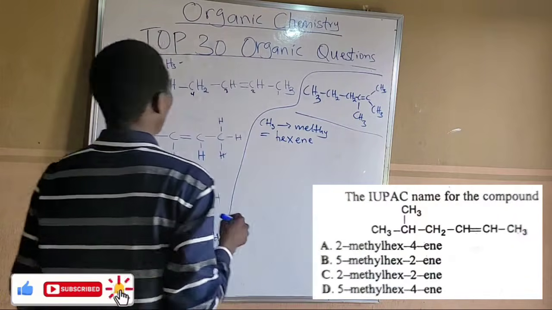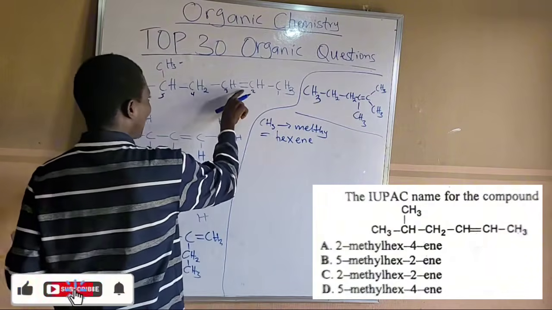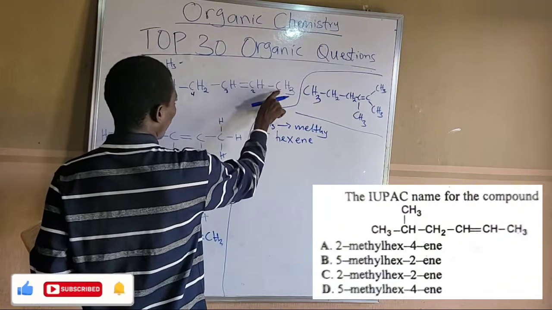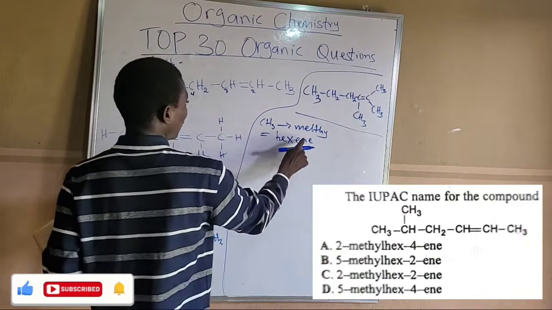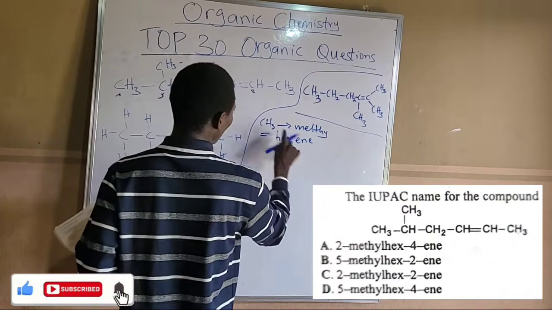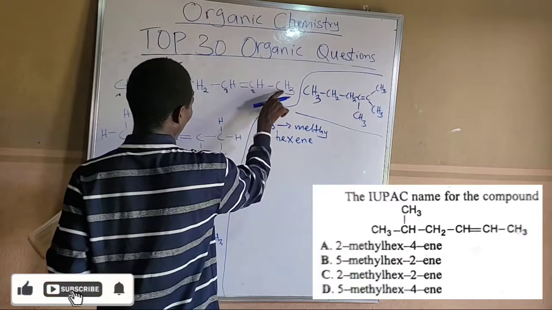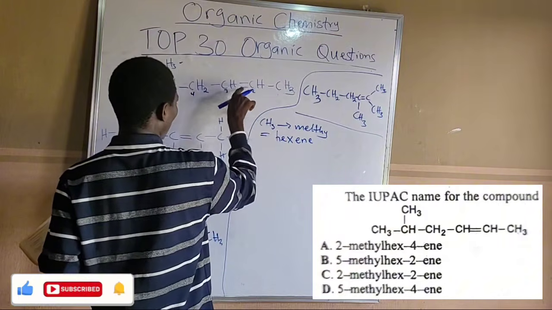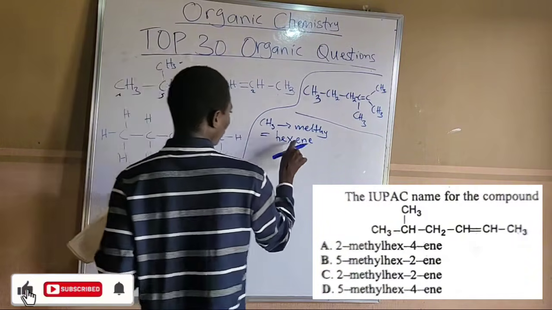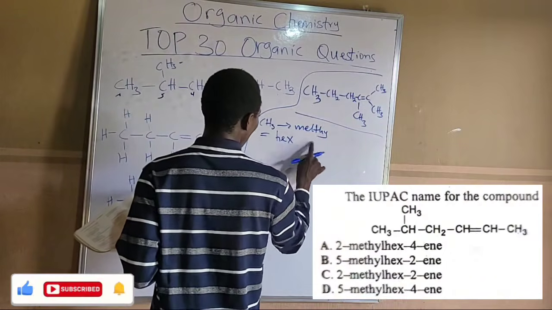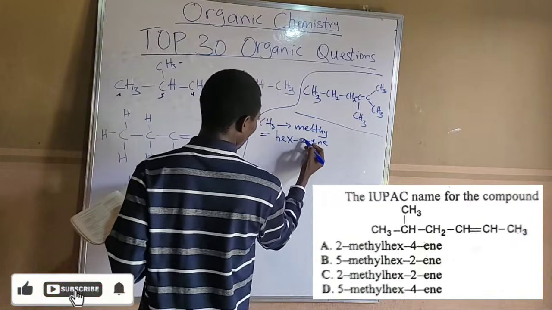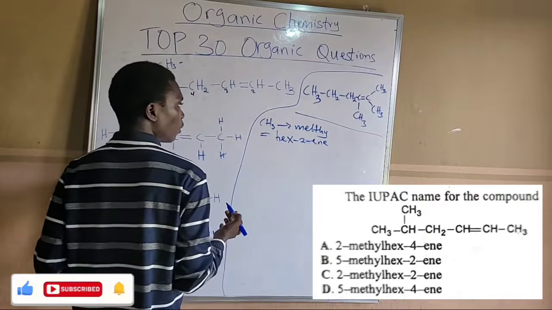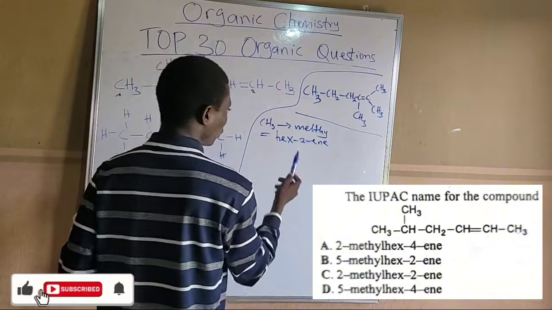We call it hexene. But because of this double bond, where is it located? 1 2. It's after the second carbon, so we call it 2-hexene because it is located at the second carbon. It is after the second carbon that you get to this double bond. I just put 2 here, telling us where the double bond is located.